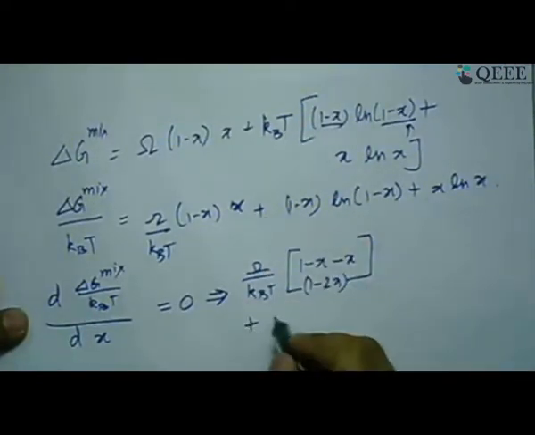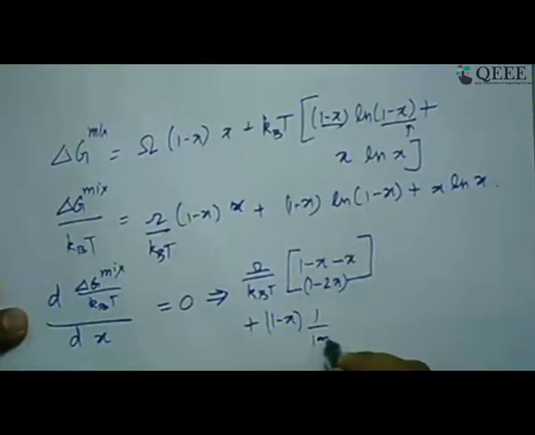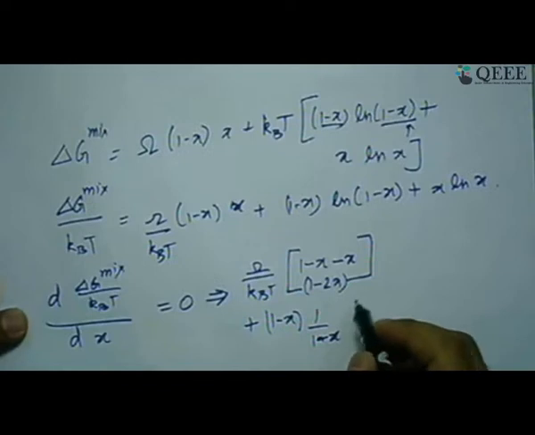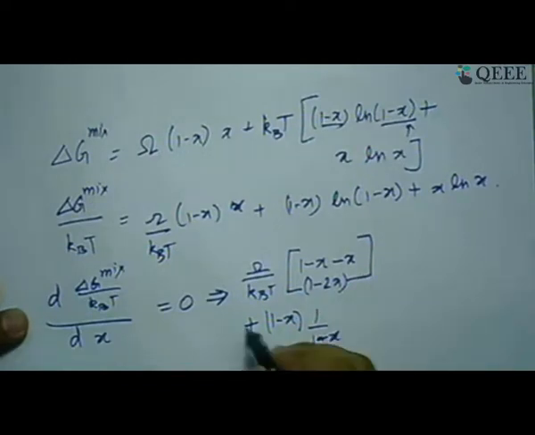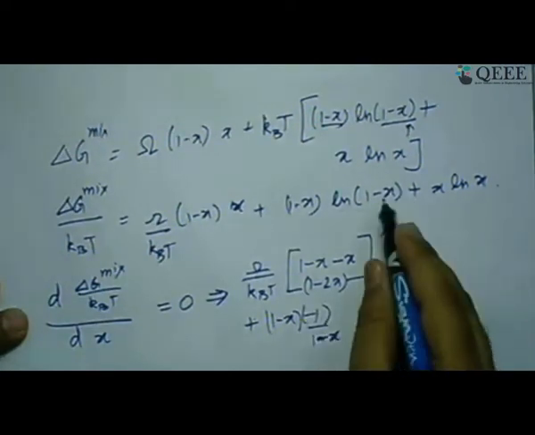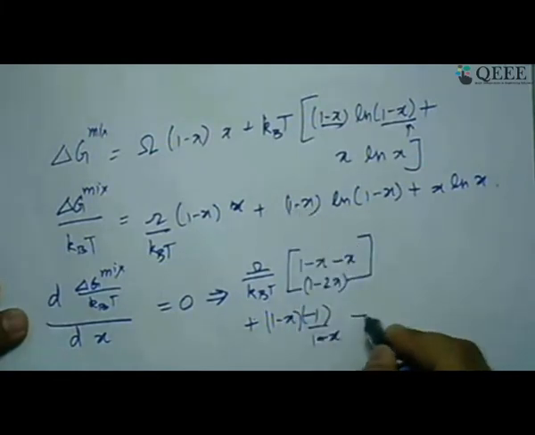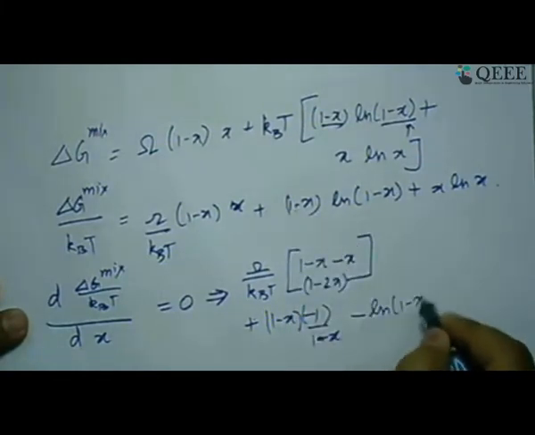When you differentiate (1 minus x) ln (1 minus x), you get 1 by (1 minus x) with the minus sign, and then minus ln of (1 minus x).